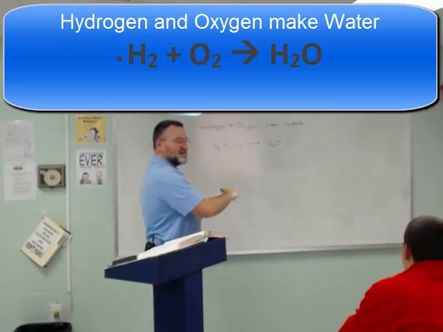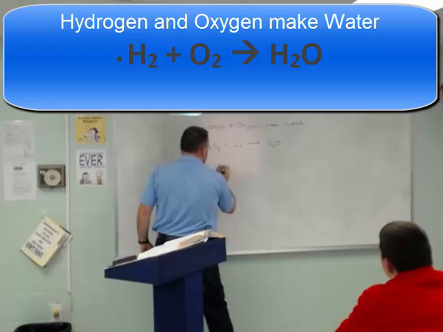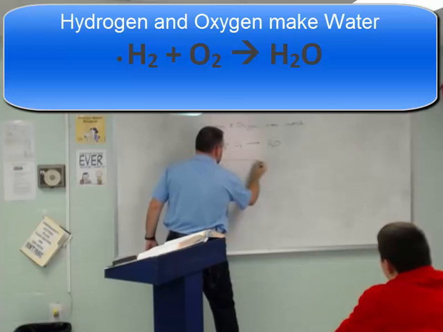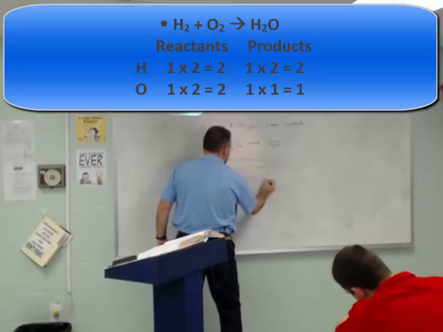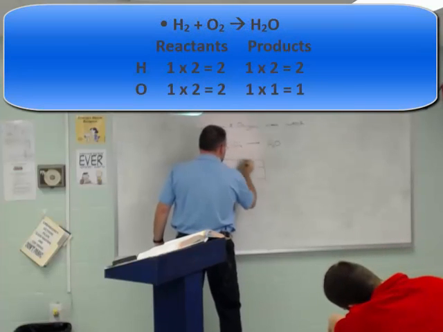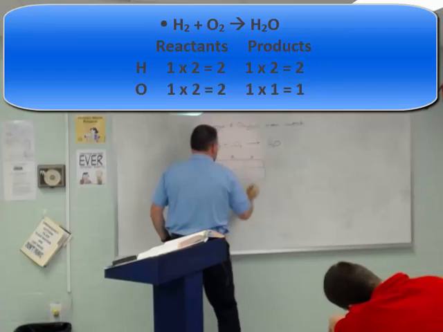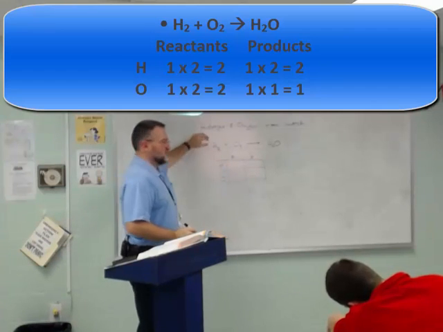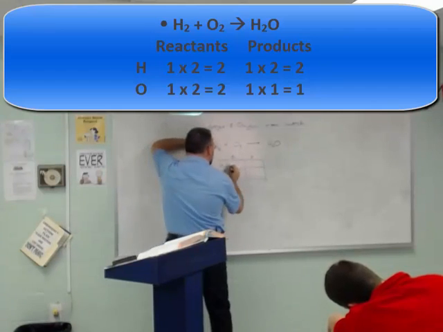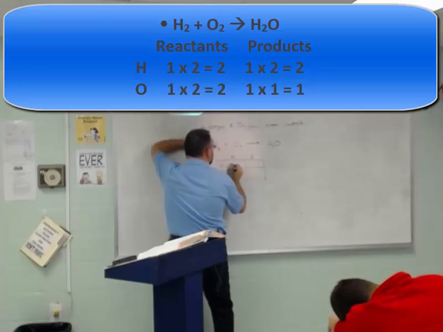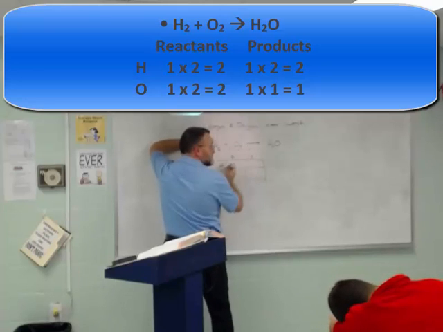So let's go ahead and write down all the different elements that we see on the reactant side. It's simple here. We just have hydrogen and oxygen. So let's set up our balancing matrix. Reactants, products. Hydrogen, what do I have? One set of two and no others.